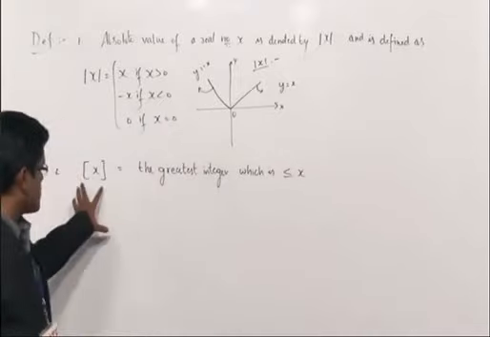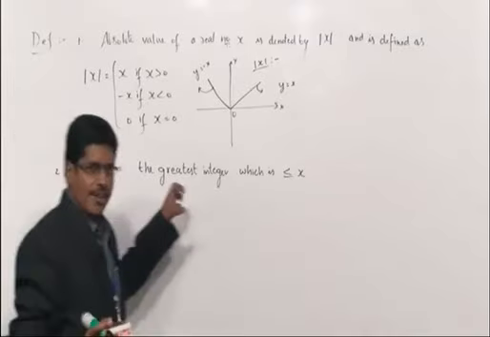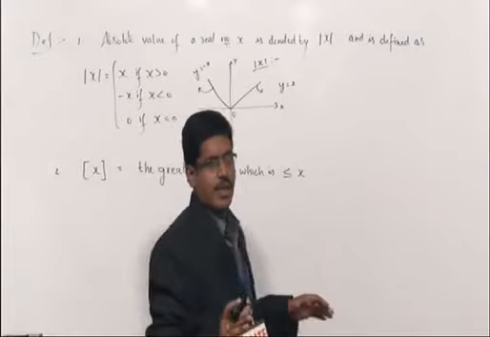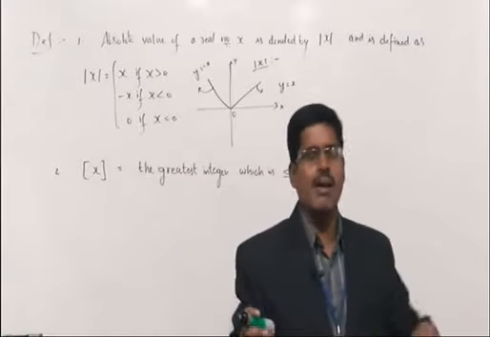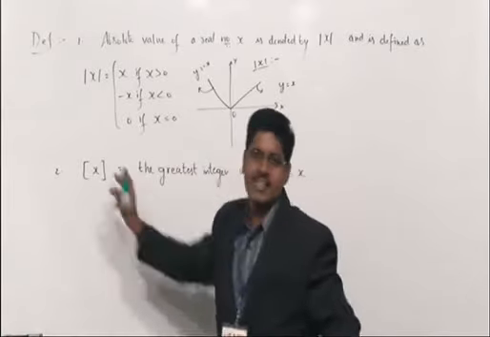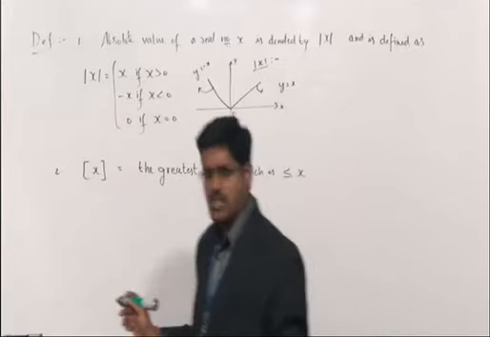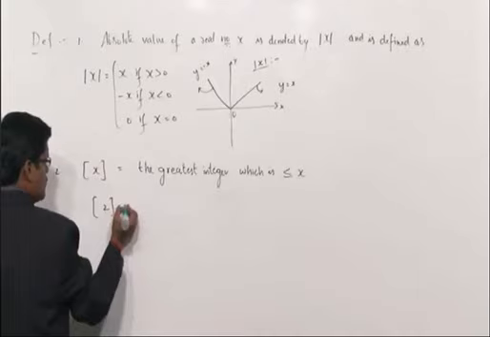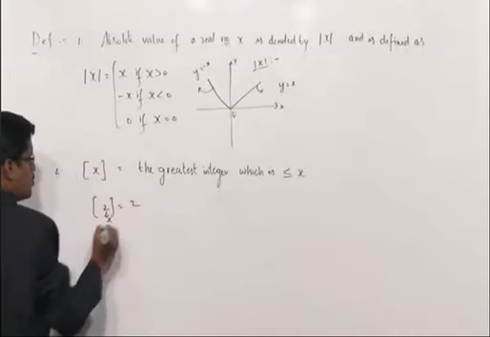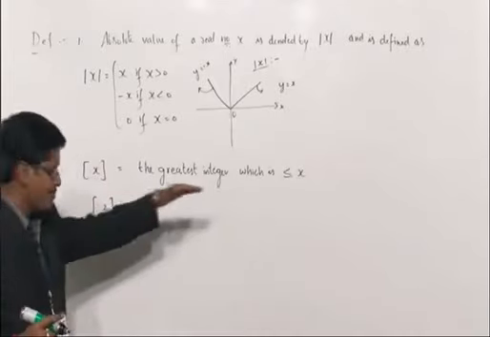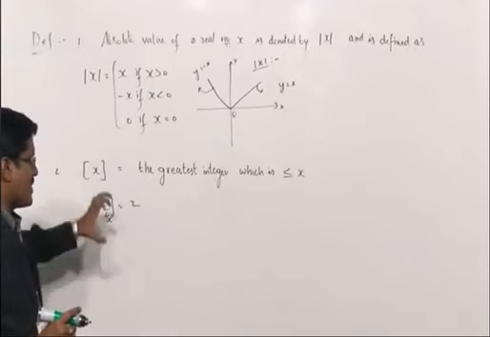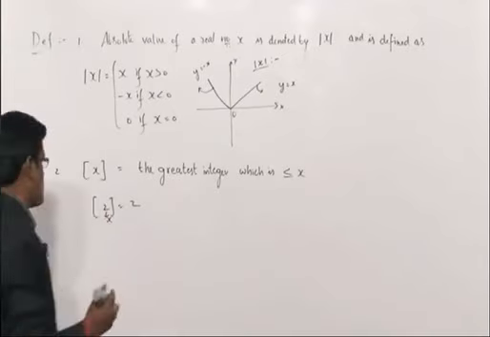To find bracket x, find all integers less than or equal to the given x. Of all these, the greatest is the bracket x function, that is the greatest integer part function, also called the step function. For example, square bracket 2: the x value is 2, so on the number line collect all the integers less than or equal to 2 and find the greatest, that is 2 itself. Square bracket 2 is 2 itself.